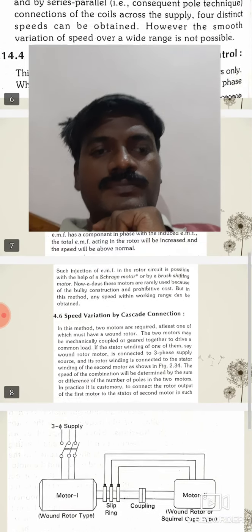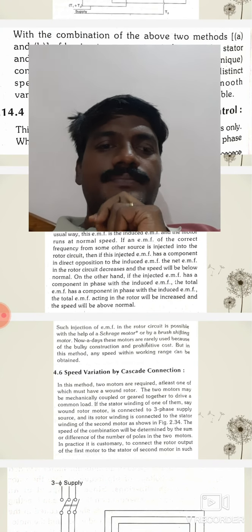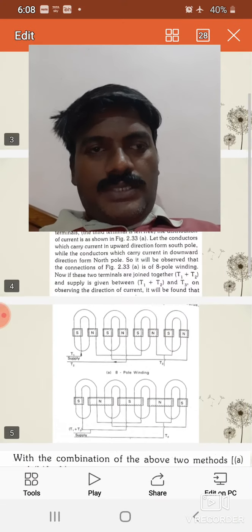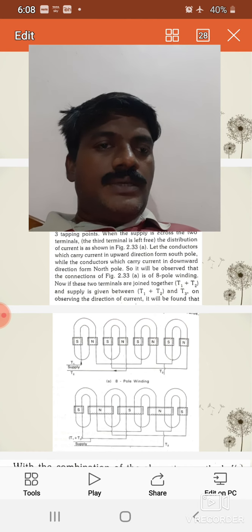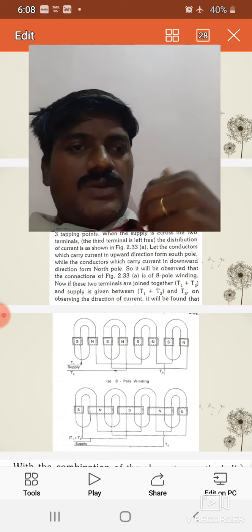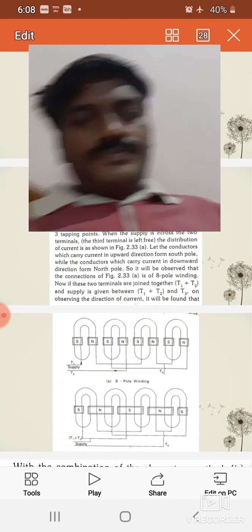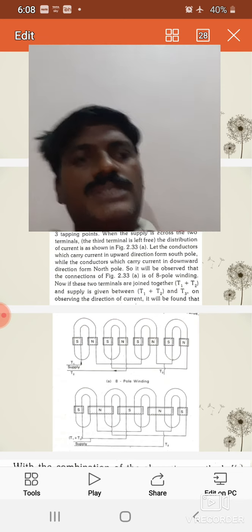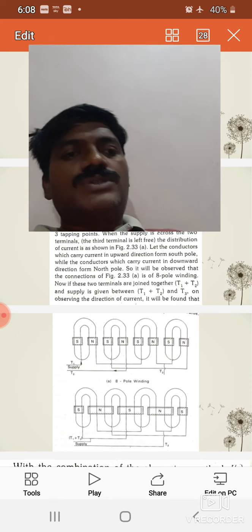So this also comes under the rotor side, right? So, summary. Today we discussed the stator side. There are three methods: by changing the voltage, by changing the supply frequency, and by changing the number of poles.